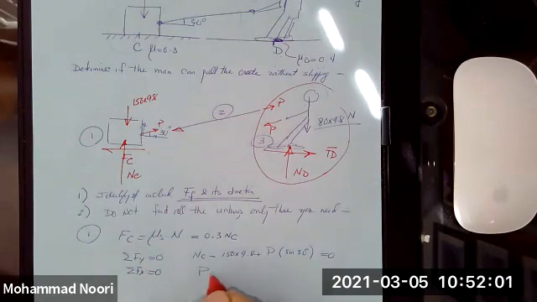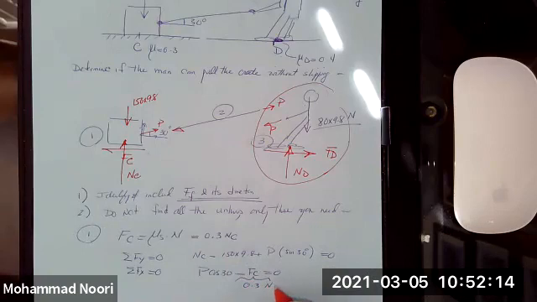So you have P cosine 30 minus Fc is equal to 0, where Fc was 0.3 Nc.